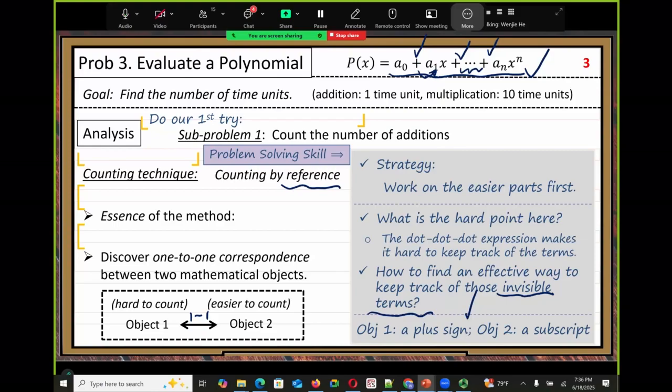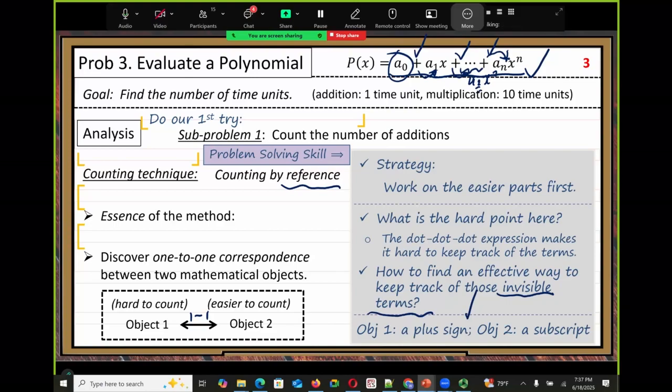The second plus sign we associate with the A2 subscript, and so on. And the last plus sign we associate with the A sub n subscript. Is it a one-to-one correspondence? Each plus sign corresponds to one of the subscripts of our coefficients. But there is no correspondence for A0: no plus sign corresponds to the subscript of the A0 coefficient.